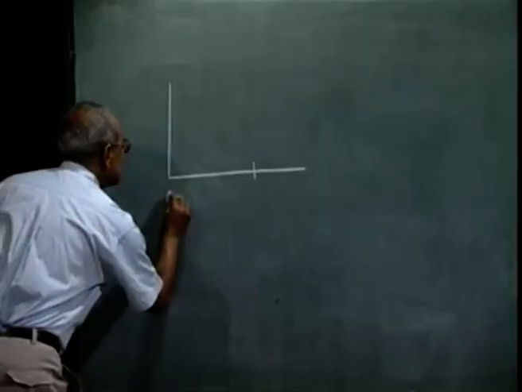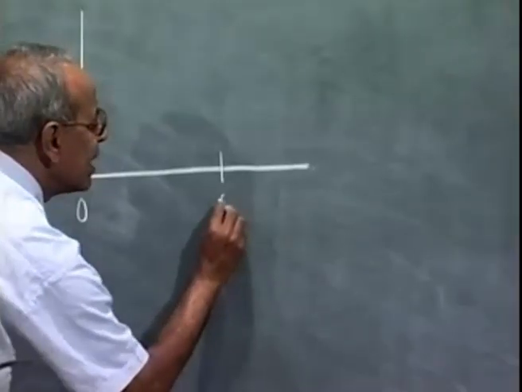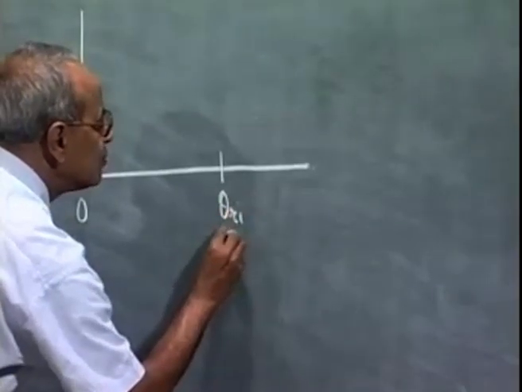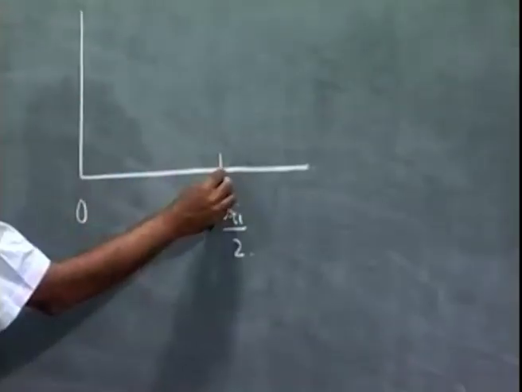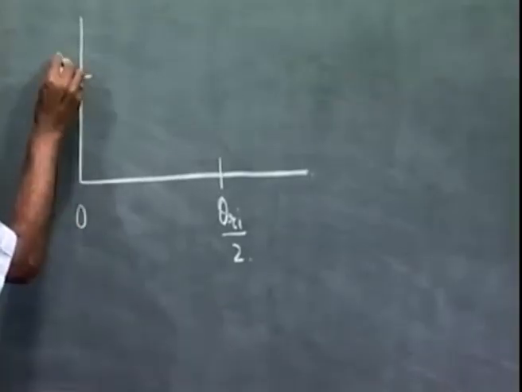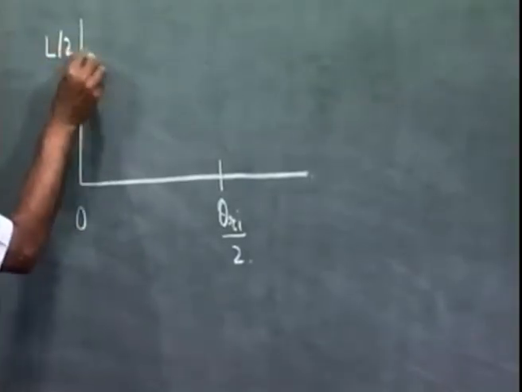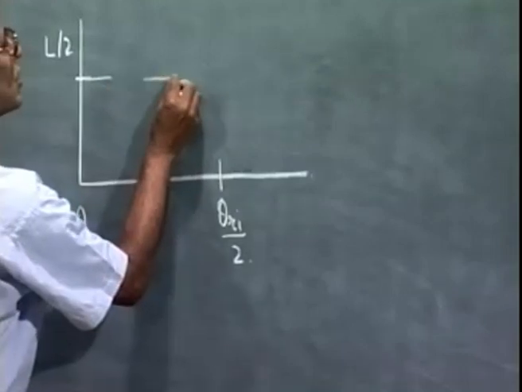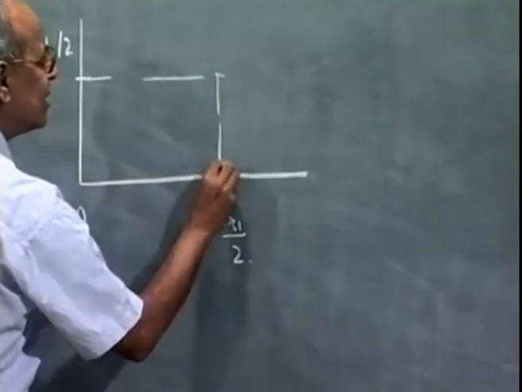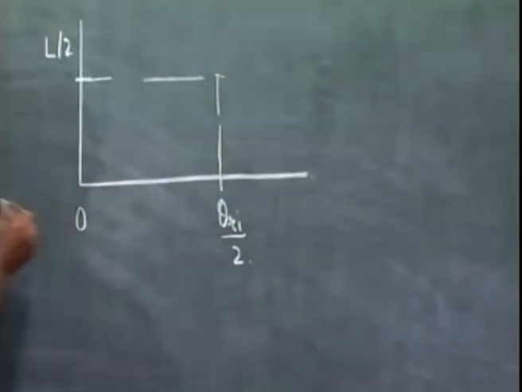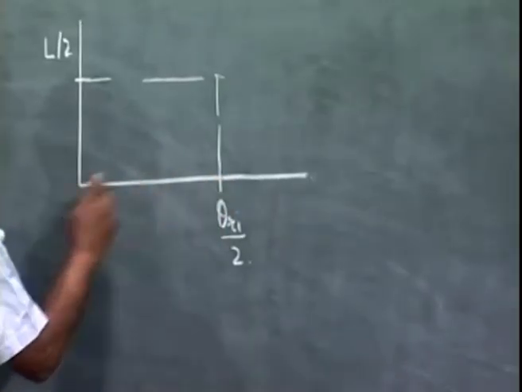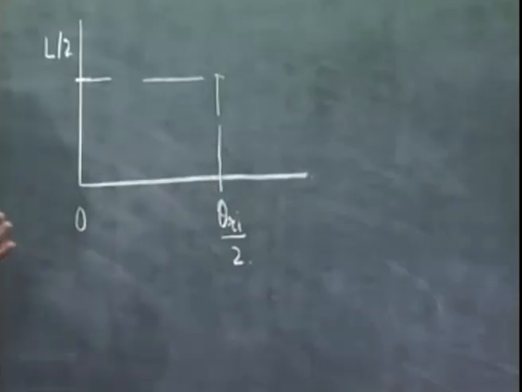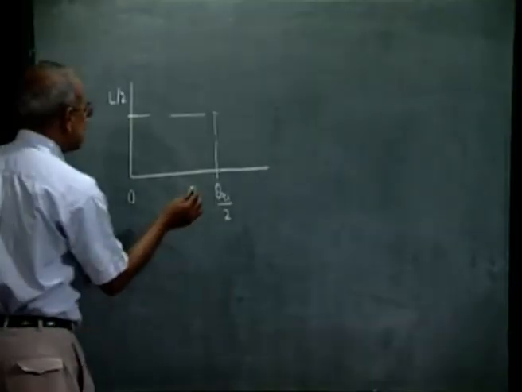So this is 0, this is theta Ri by 2. So I have to draw a curve that at theta Ri by 2, it goes up to L by 2. And I have to draw this intervening parabola. To do that, we just divide this 0 to theta Ri by 2 in some number of equal parts. Let us say 3 parts.